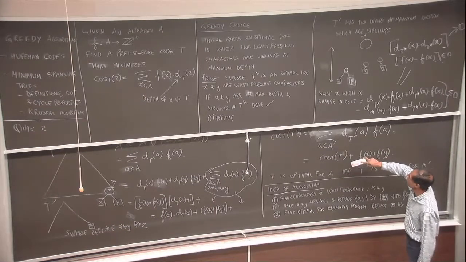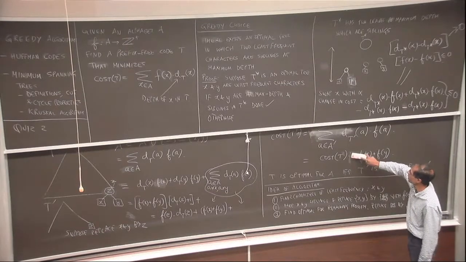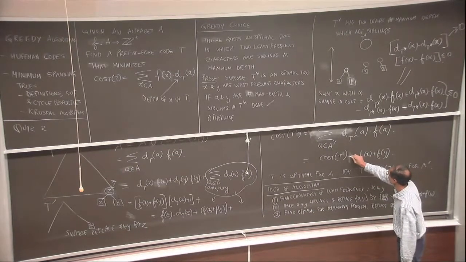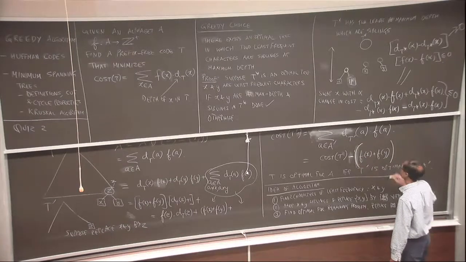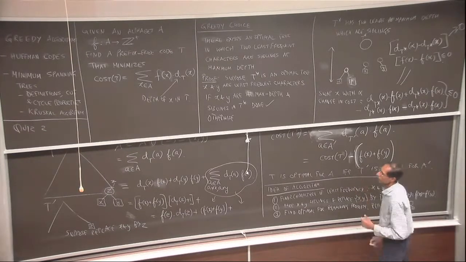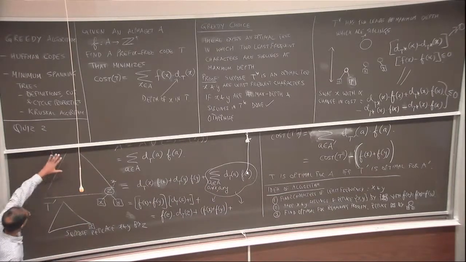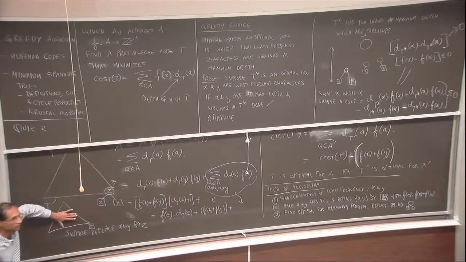The cost of t prime is the cost of t minus f of x plus f of y. So t looks like this, t prime looks like this. What is the difference between the cost of these two? Everything else here has exactly the same cost.